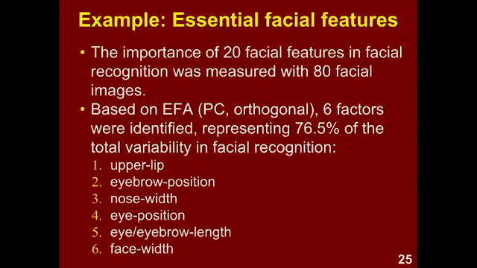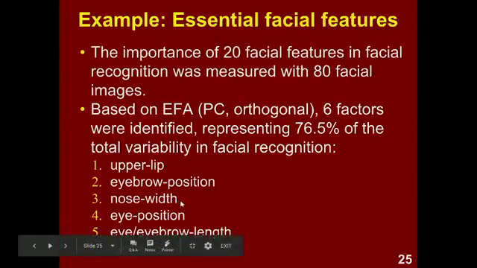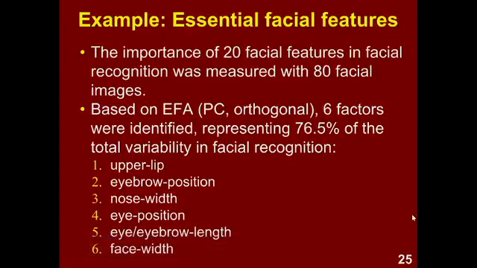It means 3/4 of our ability to recognise a facial expression is based on these 6 elements, which are position of the upper lip, position of the eyebrow, width of the nose, position of the eyes, eye and eyebrow length, and face width.